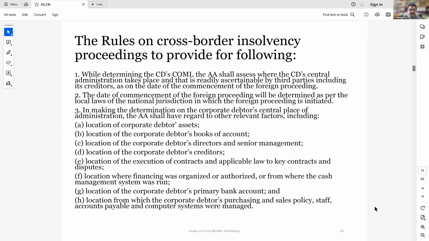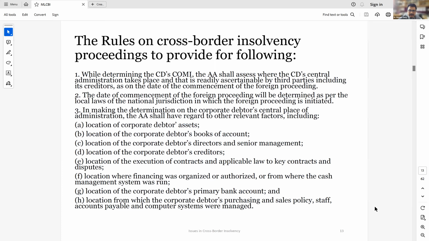So while determining the CD's COMI, the adjudicatory authority shall assess where the CD's central administration takes place, and that is readily ascertainable by third parties, including its creditors, as on the date of the commencement of the foreign proceeding. The date of commencement of the foreign proceeding will be determined as per the local laws of the national jurisdiction in which the foreign proceeding is initiated.